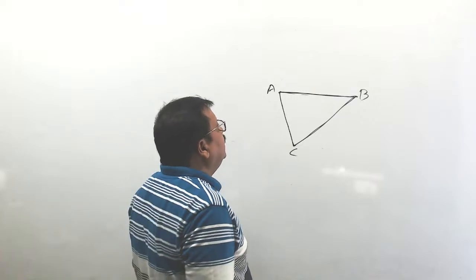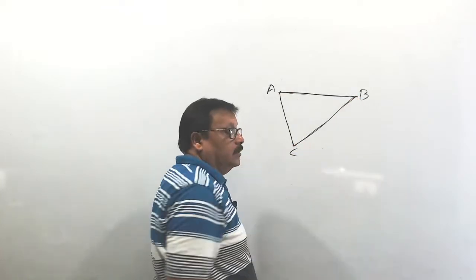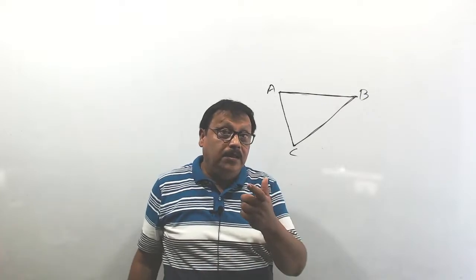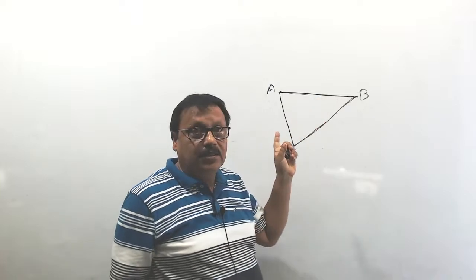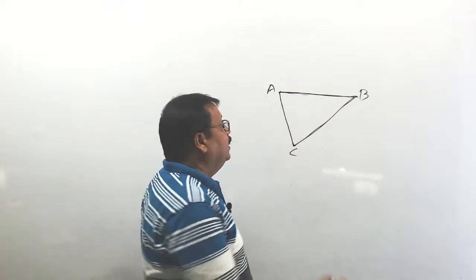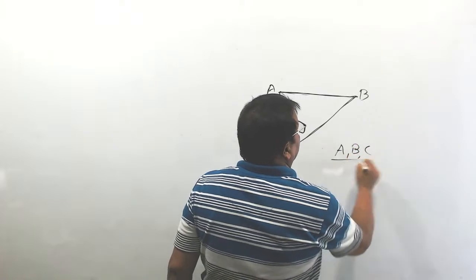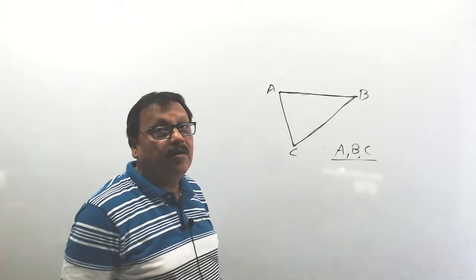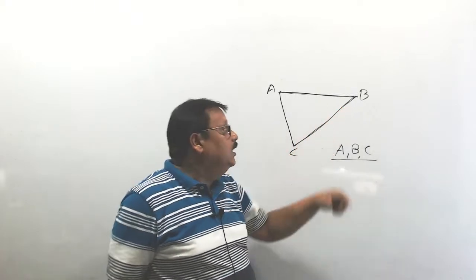So in the triangle, you will get 3 points. These 3 points are called vertices, the plural of vertex. So what are the vertices here? A, B, C are the vertices. These are the names of the vertices.